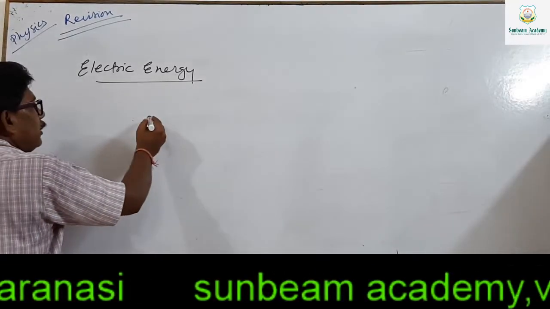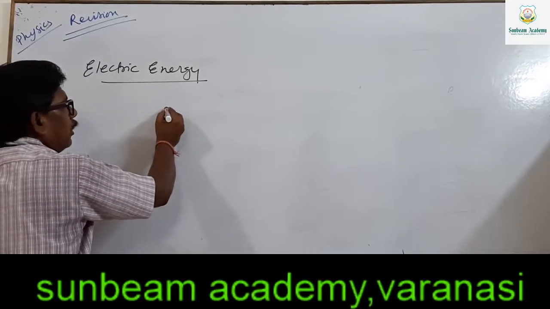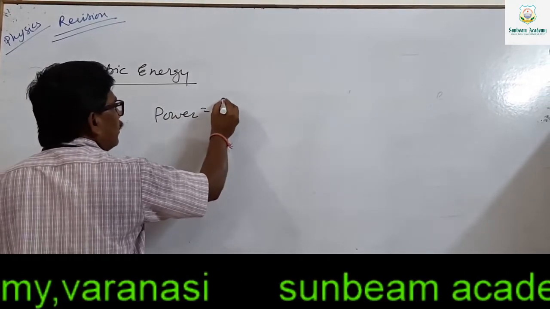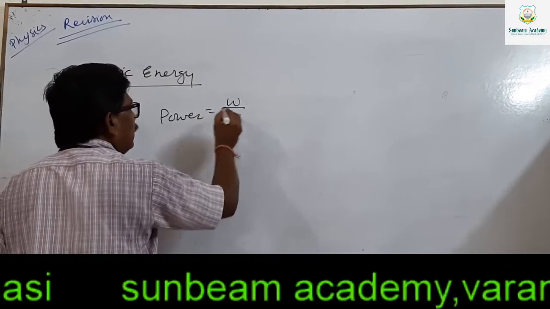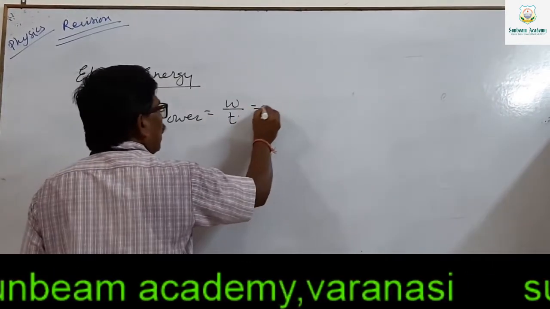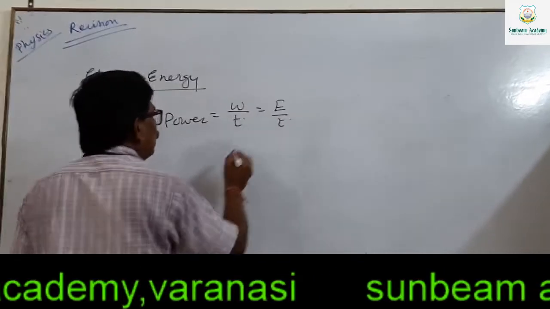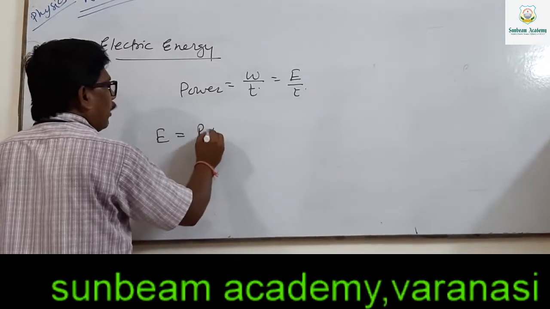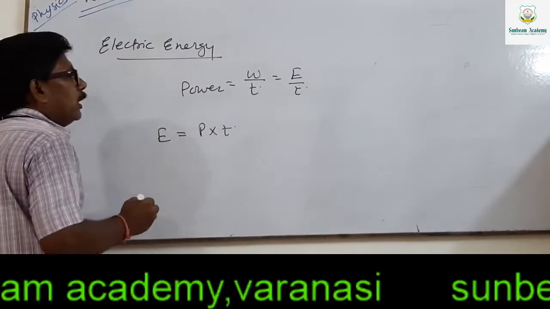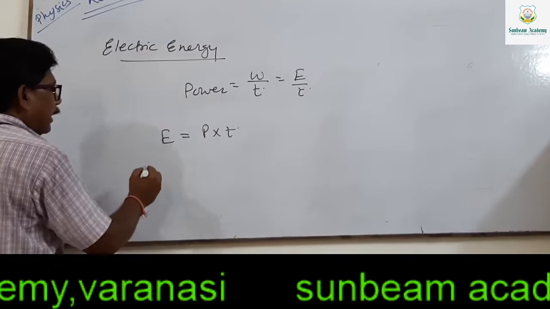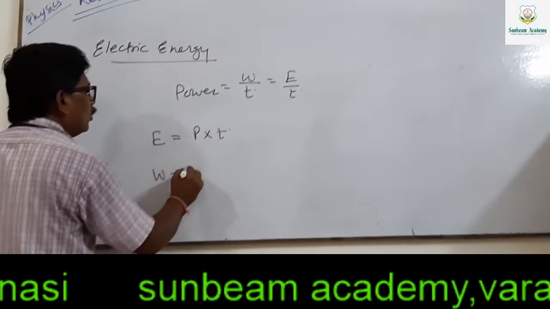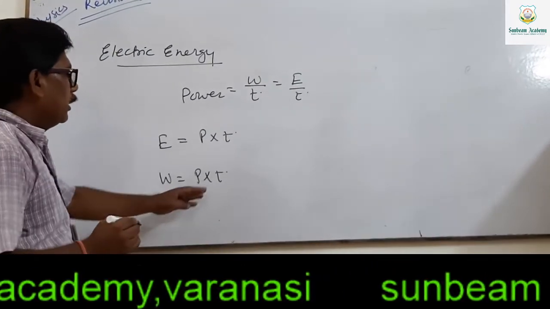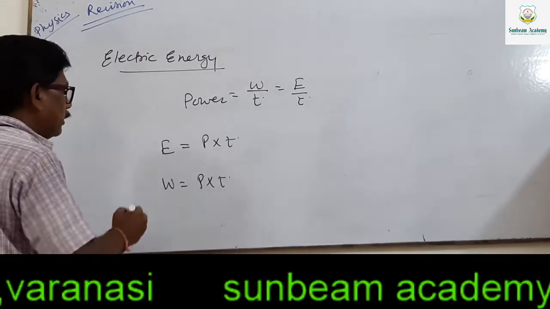Now electric energy. You know that power is equal to W upon T, or energy upon time. So electric energy E is equal to power into time, or W is equal to P into T, meaning the product of power into time is called electrical energy.